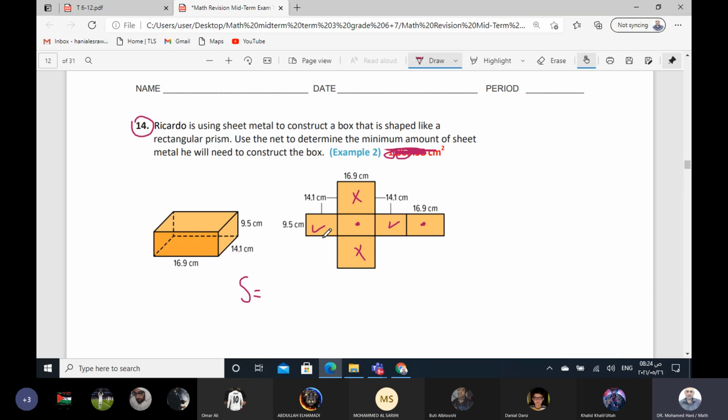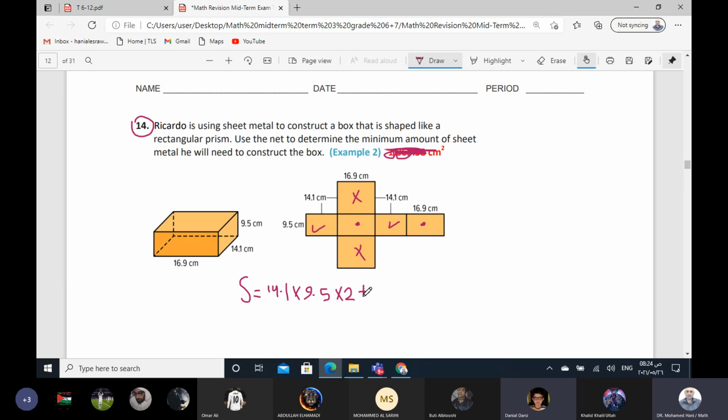As you see here, the type of this figure is a rectangle, and the area of the rectangle is length times width, which means 14.1 times 9.5. And we have two congruent faces, so times 2. Two congruent areas means times 2.